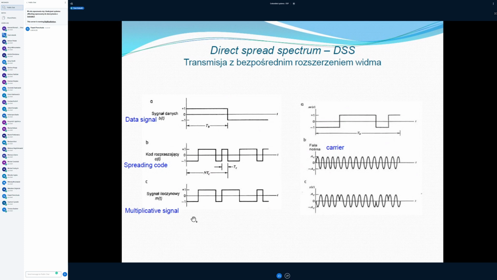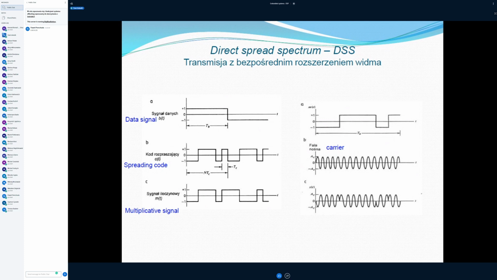And of course, we don't transmit it in the baseband. What we can see is that the bit here is 7 times shorter than the original bit. So we may imagine that our modulated spectrum will be 7 times as wide as the original one.